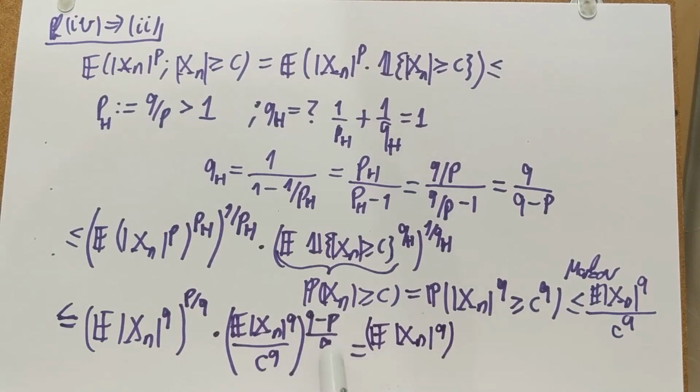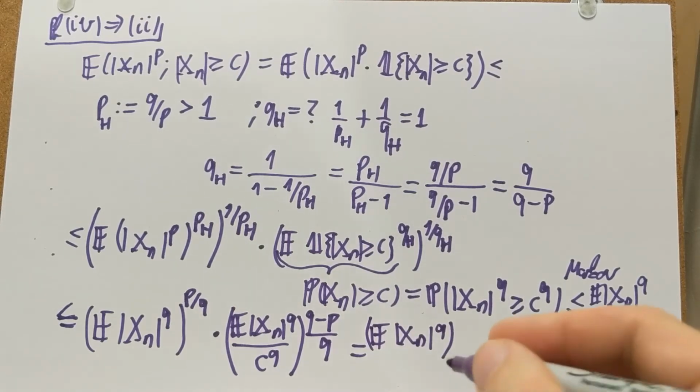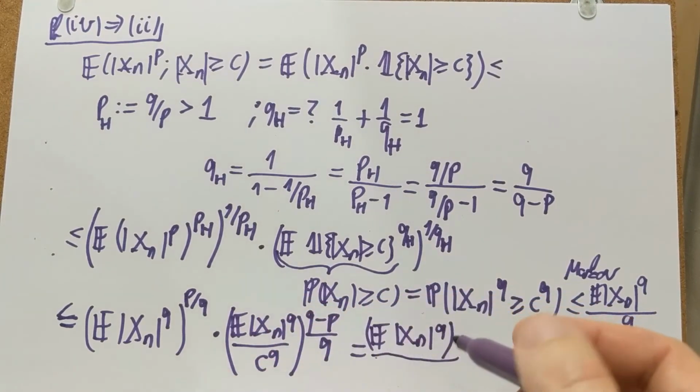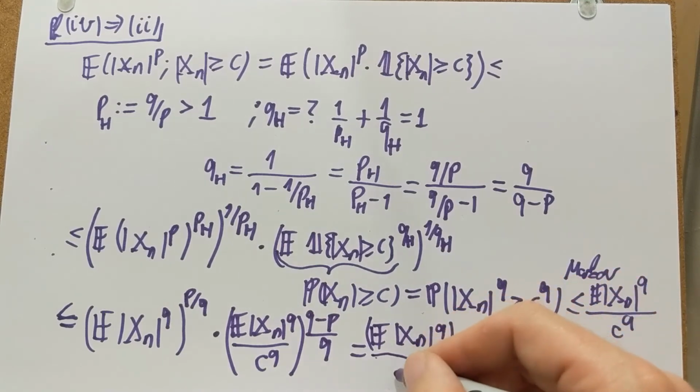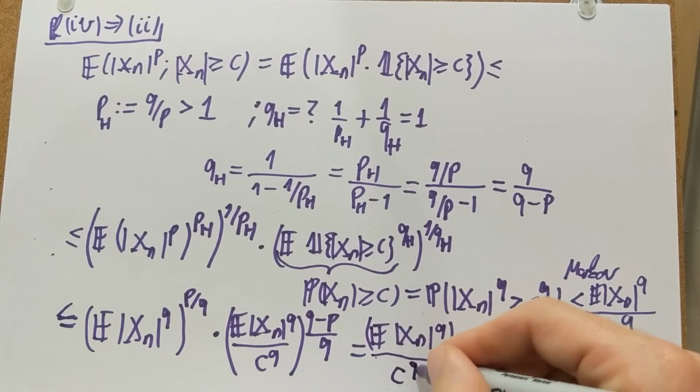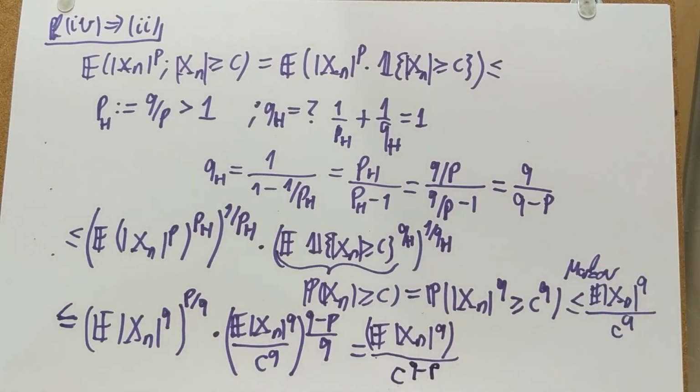So these p over q's actually cancel out. I'm left with q over q, which is 1, so I just have the first power of that expectation. So that's nice. And then I have to divide that by c to the q power and then this q minus p over q power. So that gives me a c to the, multiply these together, q minus p. So that's what I get.